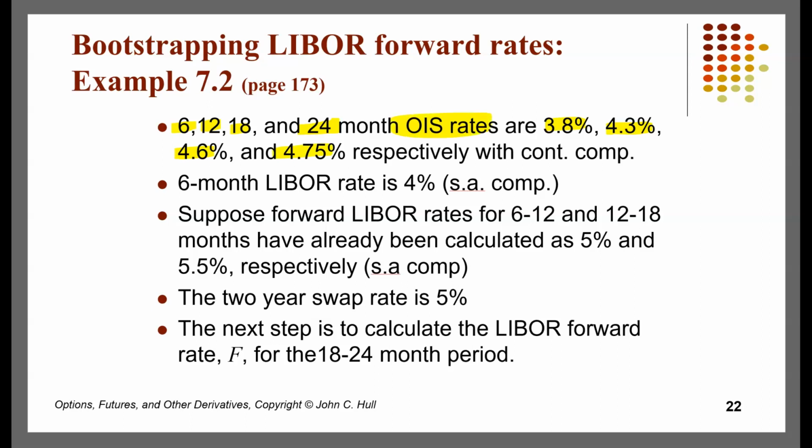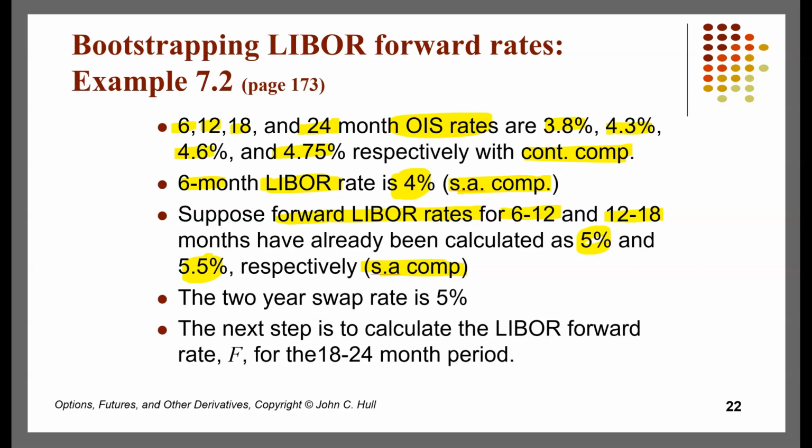Now the OIS rate or the zero curve is continuously compounded, that we know. The LIBOR rates are semi-annual compounded, and the 6 months LIBOR rate is given to us at 4%. The forward LIBOR rates are computed for the 6 to 12 and the 12 to 18 month period, and they are 5 and 5.5%. Now these rates are also semi-annual compounding, right?